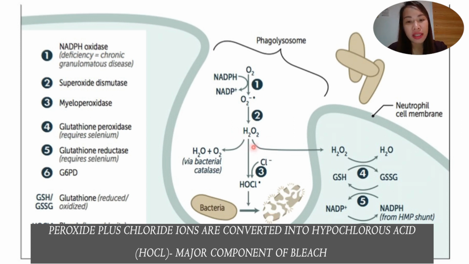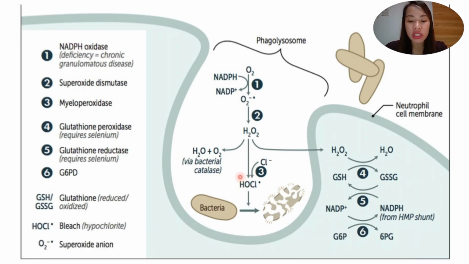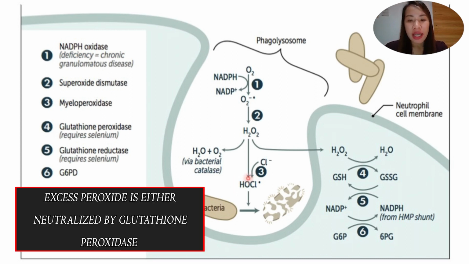So, if we have here myeloperoxidase and if it is present, it will convert hydrogen peroxide plus chloride into what we call your hypochlorite. And take note class, hypochlorite is the major component of a bleach solution. Now take note, excess peroxide will then be neutralized by glutathione peroxidase.